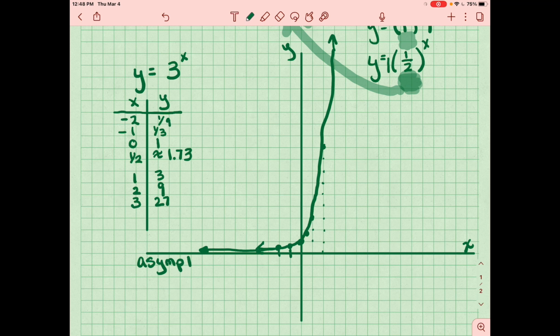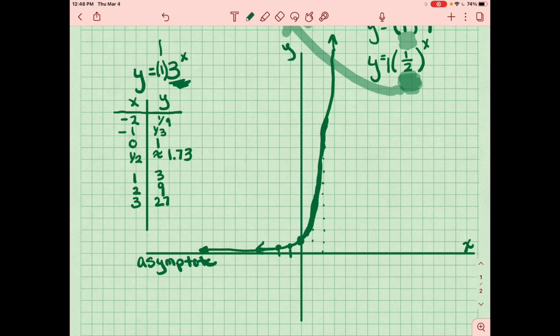And then it climbs, and then it just starts to build and build and build and just goes exponentially crazy. So this growth factor was pretty large, a growth factor of 3. And our starting amount, remember, was 1.